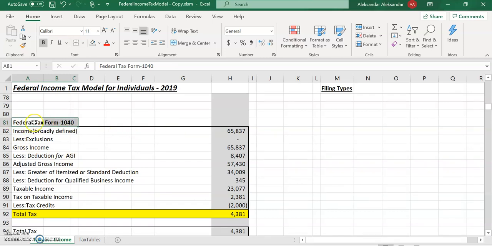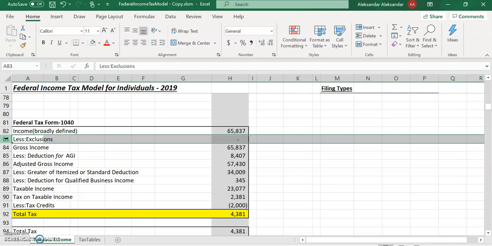This is what we are given by the tax accountant when they complete our taxes. So the way it works is it calculates the income, it sums up all of the incomes that we described above, less exclusions if we have any. For example, if you have financial aid, that's an exclusion.